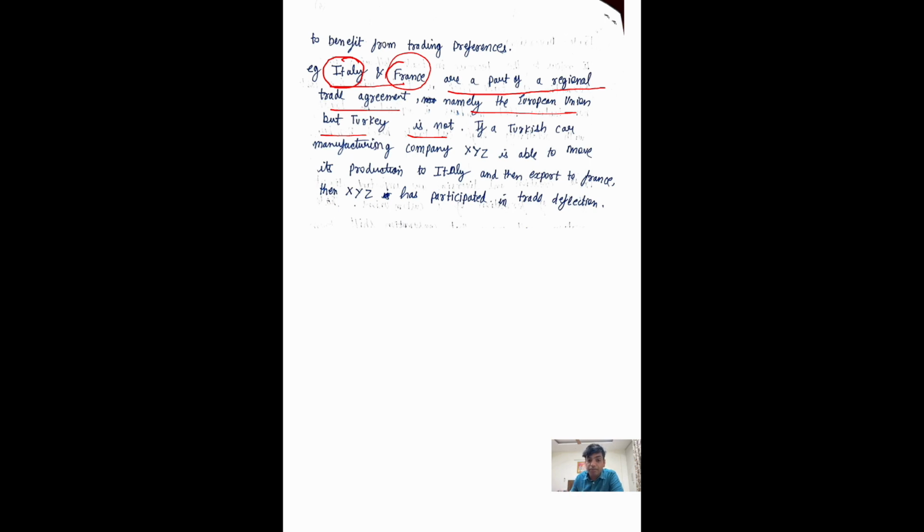Turkey will be setting their manufacturing plant in either France or Italy, so as to take advantage of the economic union or European Union or free trade area. So this is what is trade deflection.